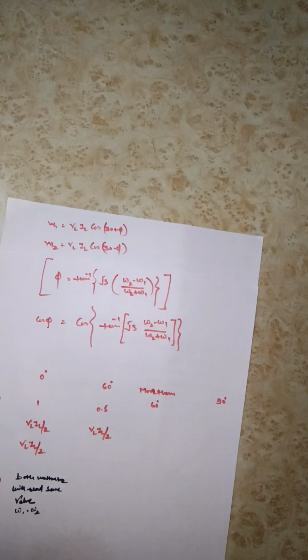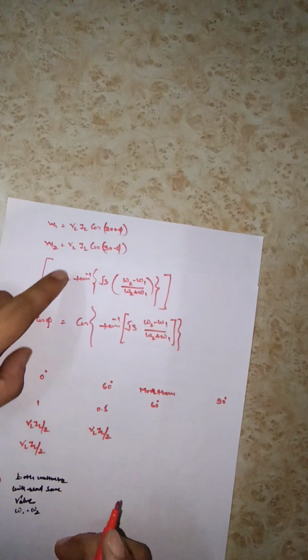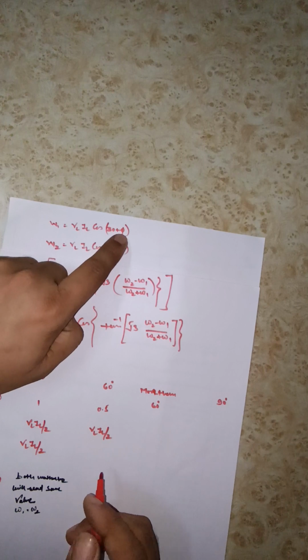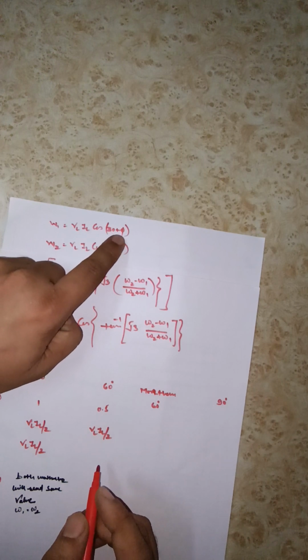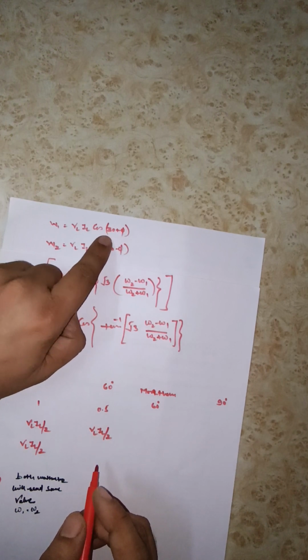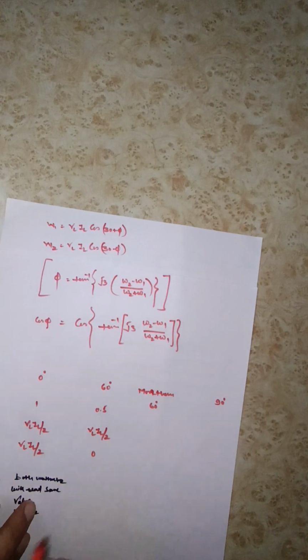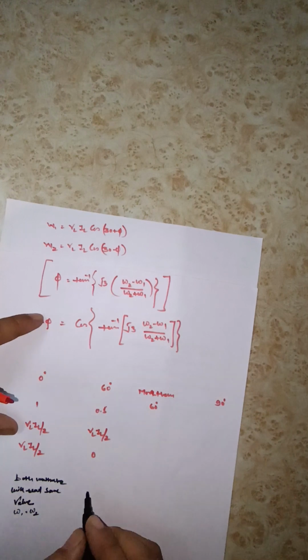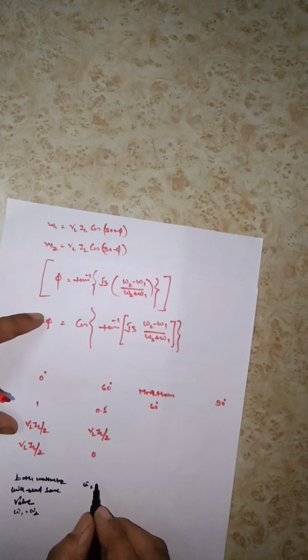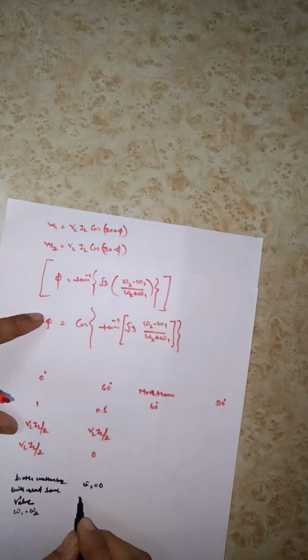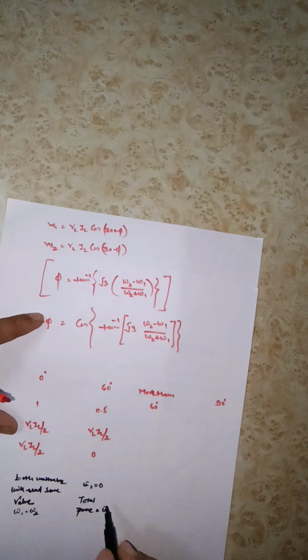Clear? Now put here 60 degree, then 30 plus 60 will become 90 degree, so cos 90 will be 0, so this W1 will be equal to 0. So conclusion is what? W1 is equal to 0, so total power is equal to W2 only.